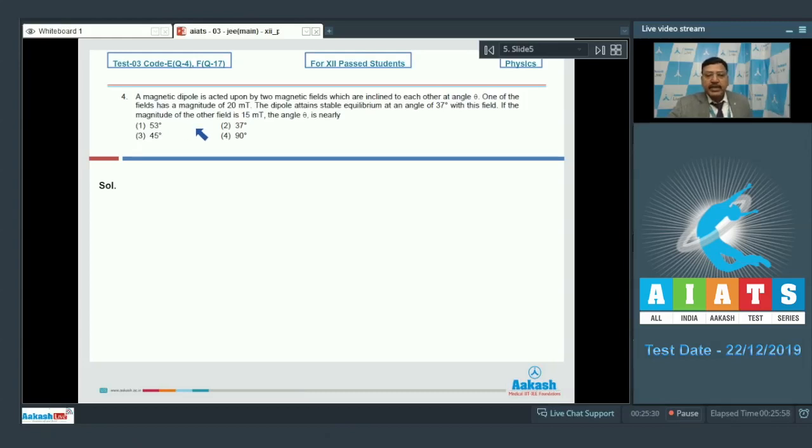Now, in this particular question, the dipole is in equilibrium under the action of torque applied by two magnetic fields.